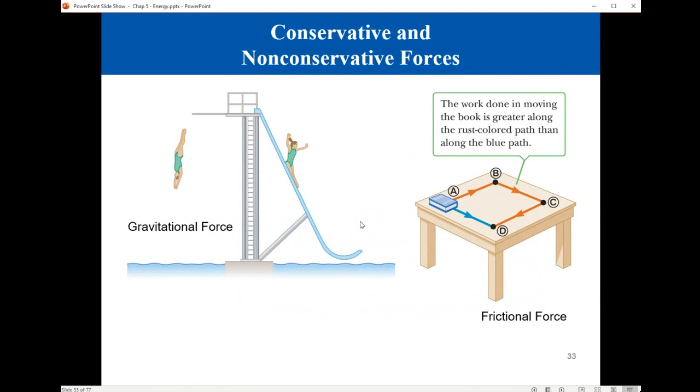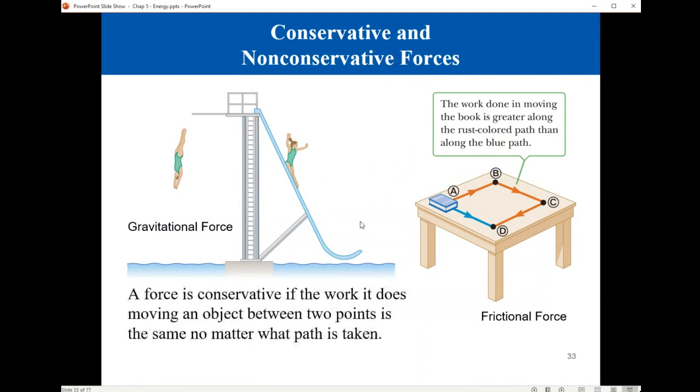This example helps us understand more the difference between the conservative and the non-conservative force. Here, if you drag this book from A to B, from B to C, from C to D, and back to A, the friction force will add up.